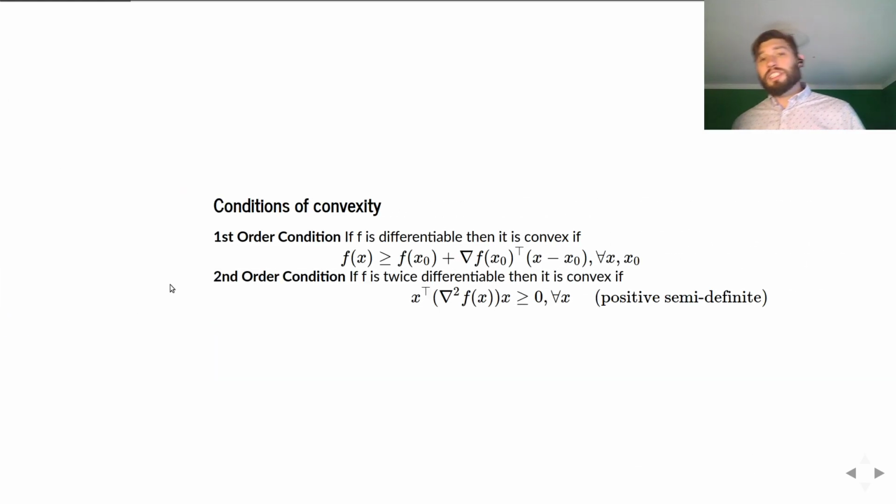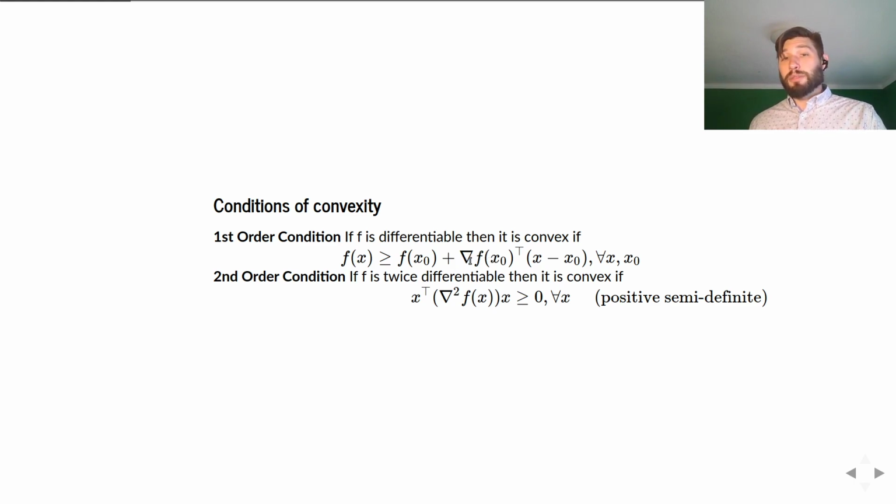Okay, so conditions of convexity. These are things that have to hold if we are convex, and if we are convex, then they do hold, under certain assumptions. First of all, if f is differentiable, then we can compute a gradient. We can start talking about gradients of f.